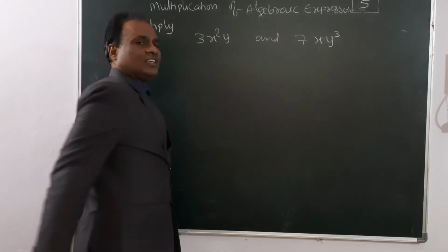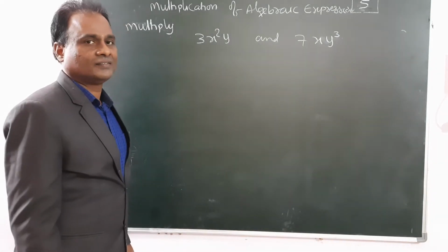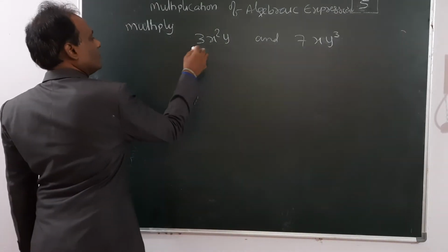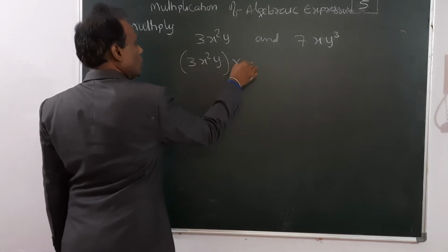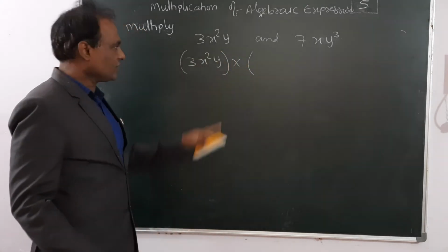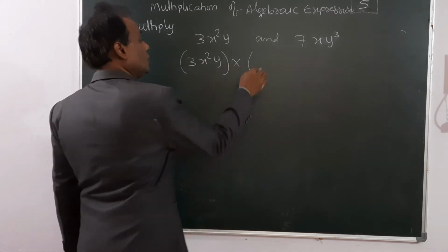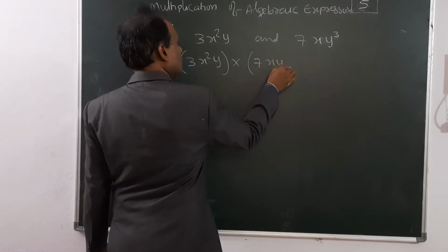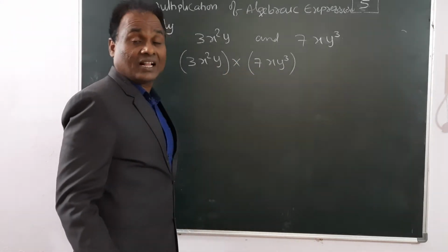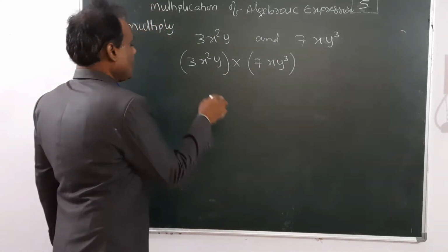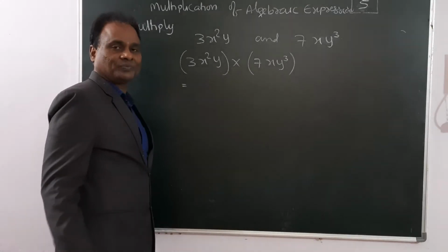Multiply these two. The first expression I am writing, then into, which means multiply, this is the symbol for multiplication, into 7xy cube. I am multiplying one algebraic expression with another algebraic expression. How to multiply?